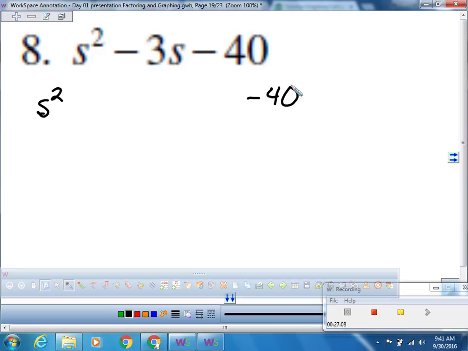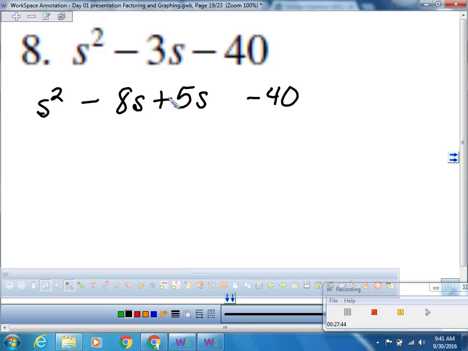Barry? 8 and 5? Would 8 and 5 work? 8 and 5 is 40. Does 8 and 5 make negative 3 somehow? It does. So I've got an 8s and a 5s. We just got to figure out which one's positive and which one's negative. 8 is negative because this is negative, right? So it's negative, positive.